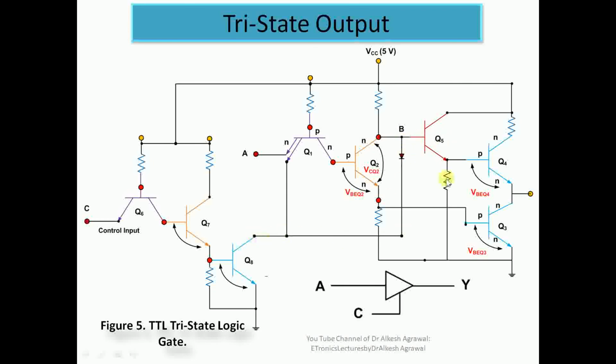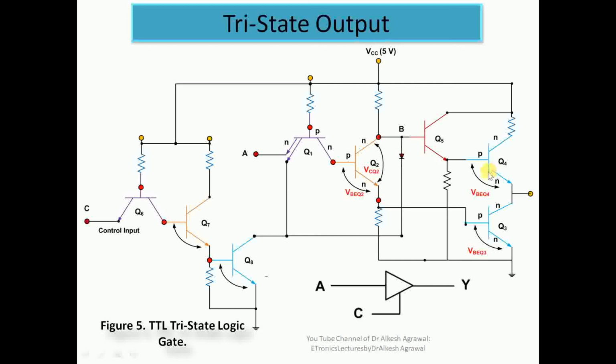the collector terminal of Q2 and the base terminal of Q5, in between this diode. If you see this configuration, it is more or less the same as the totem pole output. So we have Q1, Q2, and one more transistor Q5 between Q2 and Q4. Q5 is connected to the collector terminal, and Q3 is connected to the emitter terminal, and the emitter terminal of Q5 is connected to the base of Q4.